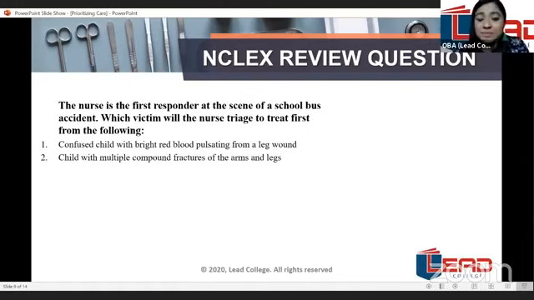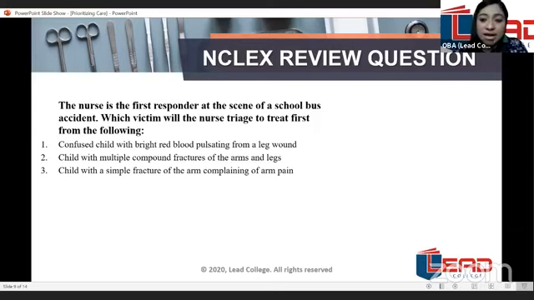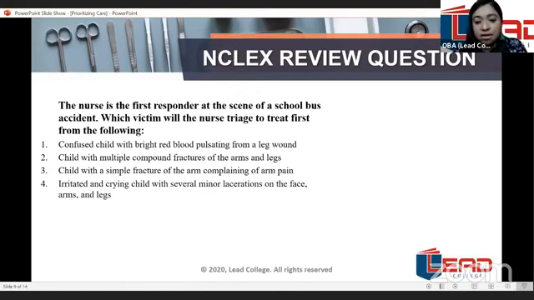The second, a client with multiple compound fractures of the arms and legs. The third, a child with a simple fracture of the arm complaining of arm pain. And last but not least, an irritated and crying child who is sobbing because of minor lacerations on the face, arms, and legs. Who should the nurse look at first, or triage as the top priority?